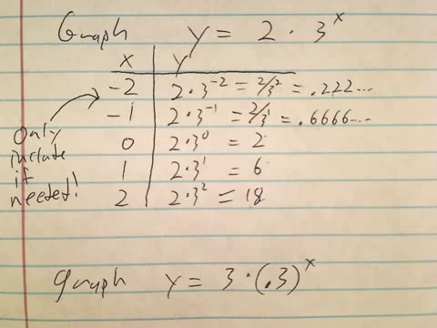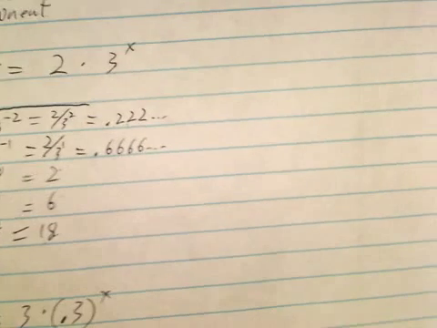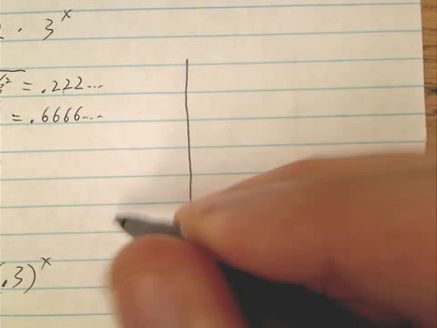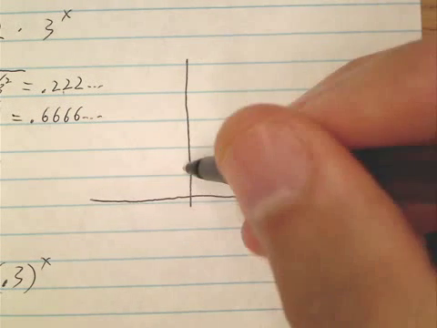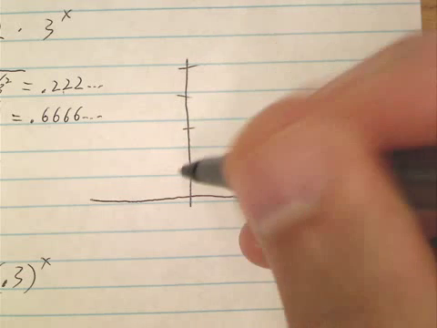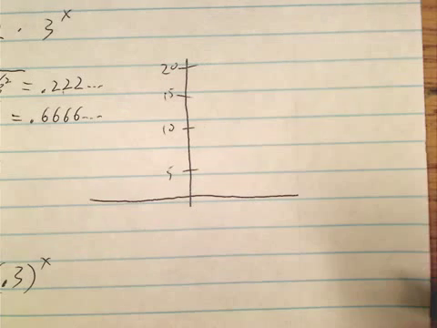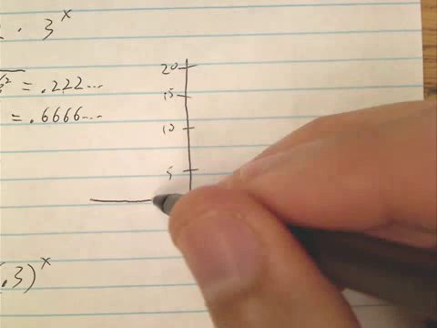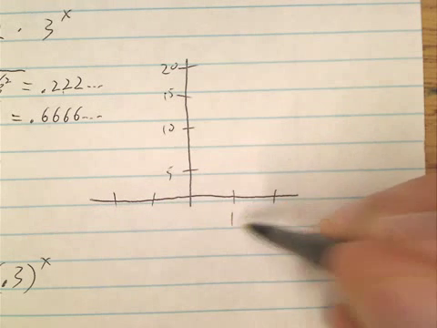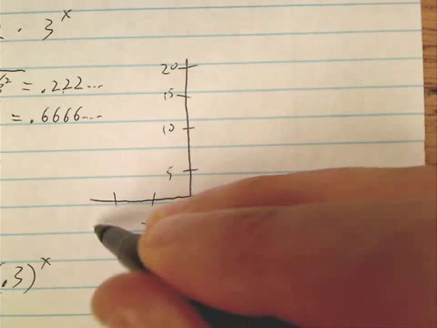So I'm going to scooch my paper over a little. All right. So I have to go up, let's say I'm going to count by 5s. So 5, 10, 15, 20. Spread out my x-axis a little bit. That's 1, 2, 0, negative 1, negative 2.